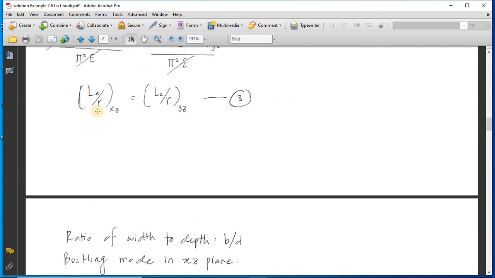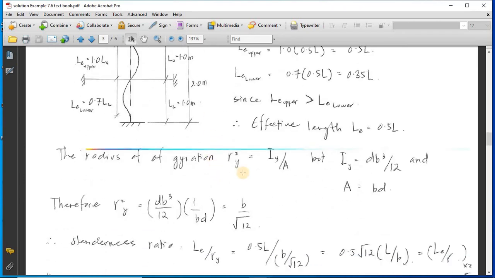We have defined the effective length. Now we want to define the radius of gyration for this plane. The radius of gyration can be obtained using this equation, where R squared is equal to I over A. In this case, the XZ plane is about the buckling of the column about the YY axis.